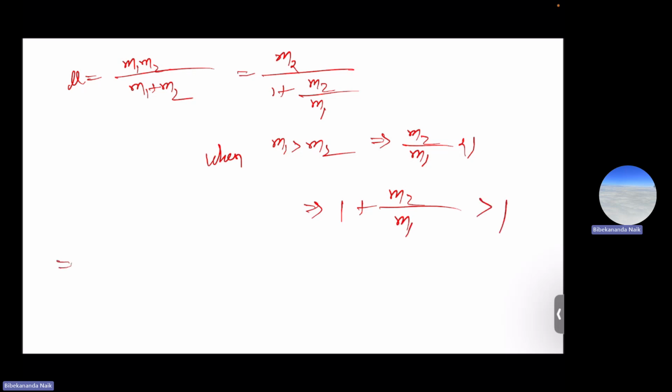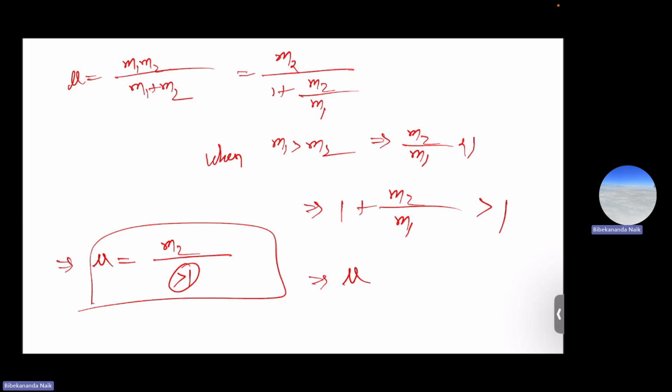So mu is m2 divided by some number which is greater than 1. That means mu is less than m2.